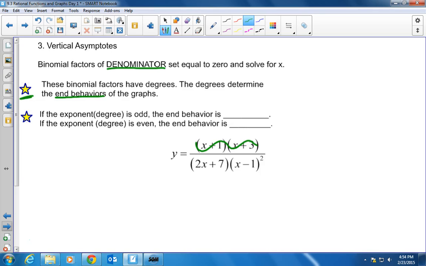Those two words are going to come into play right here. For the second star, if the exponent or the degree is odd, then the end behavior is going to be opposite. If the exponent or the degree is even, the end behavior is going to be the same.